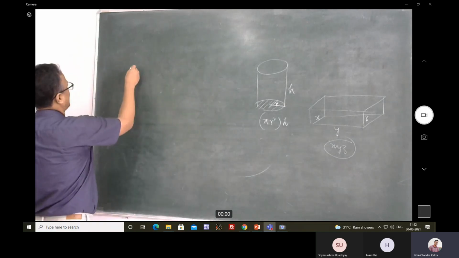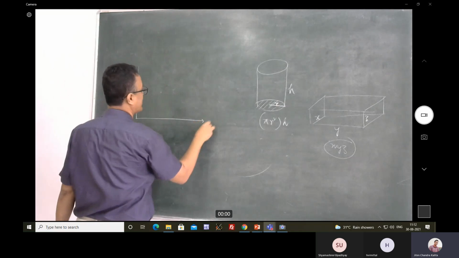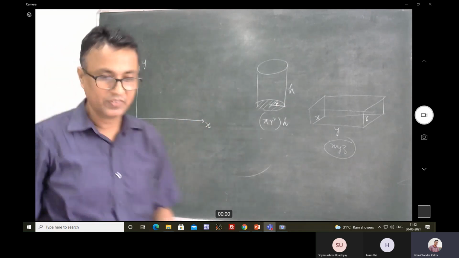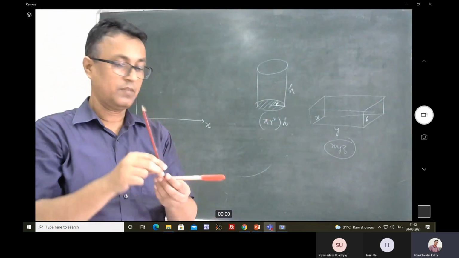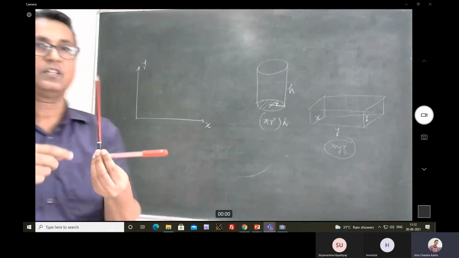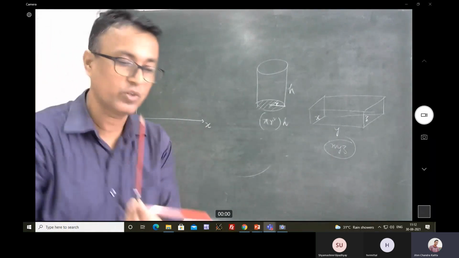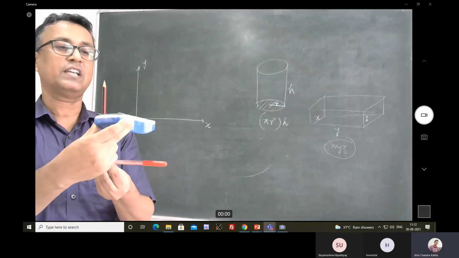Okay, fine. So I'm going to consider these two axes, x and y. This is x, this is y. And then I'm going to consider some solid like this.